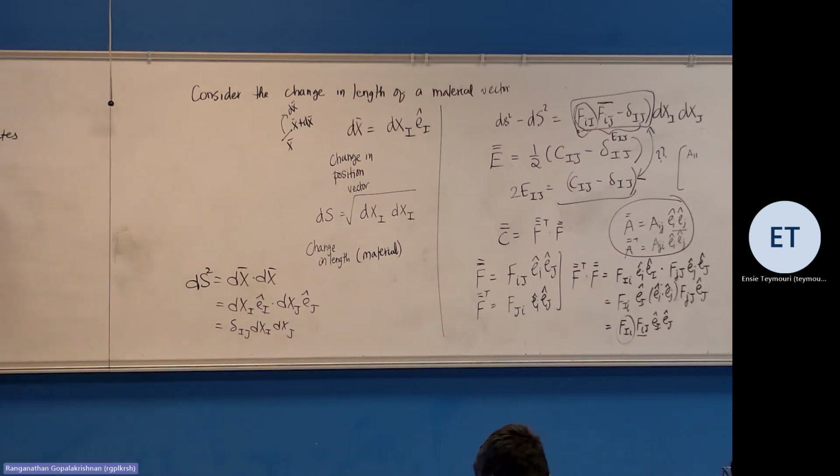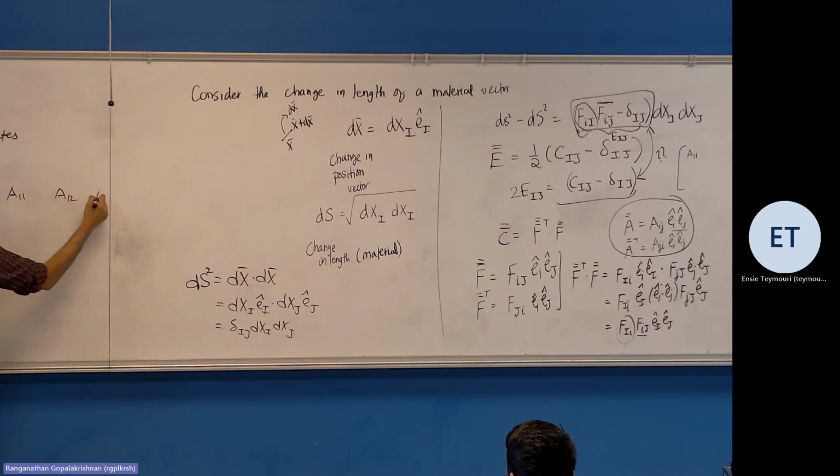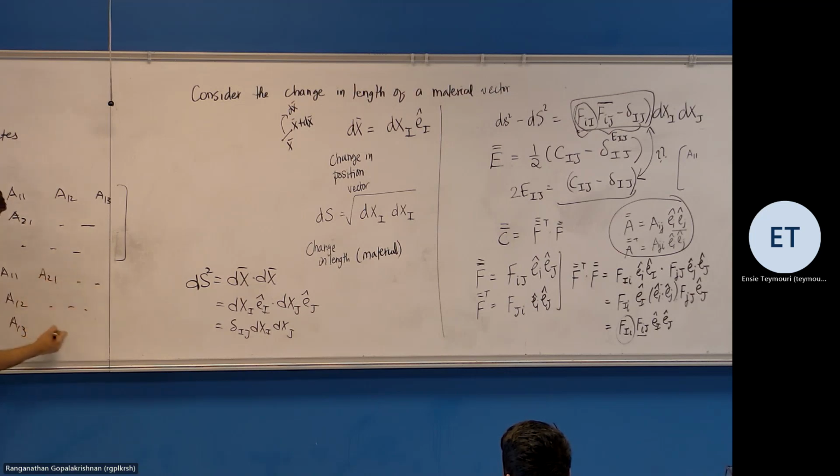So if you say a tensor A, this is shorthand for A11, 12, 13, 21, and so on. What is A transpose? A transpose has A11 here, 12 here, 13 here, 21 here, and so on.